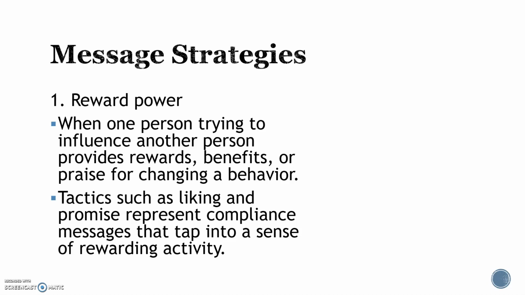For example, when I was a little child, my mom wanted me to eat more grains and vegetables. So usually she used 2 ways. The first one is, if you eat this broccoli, mom will get you a gift. And the second way is, if you eat this broccoli, mom will like you.